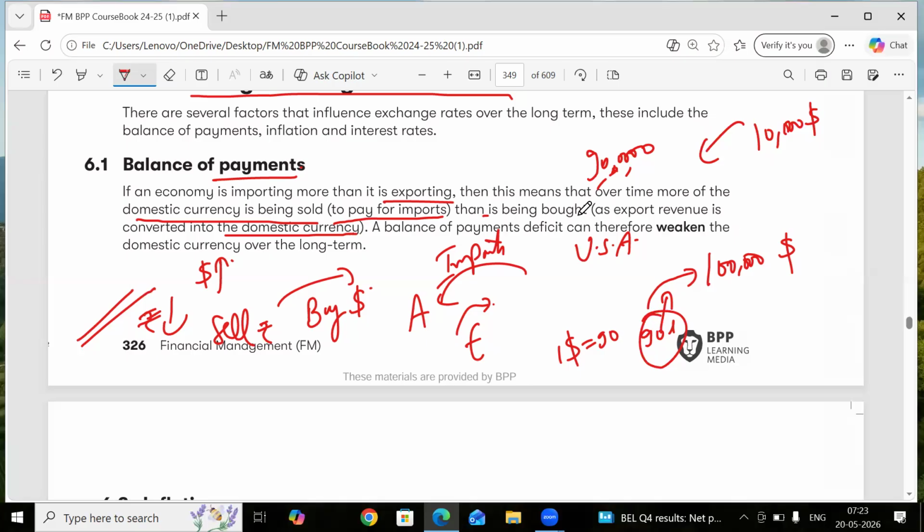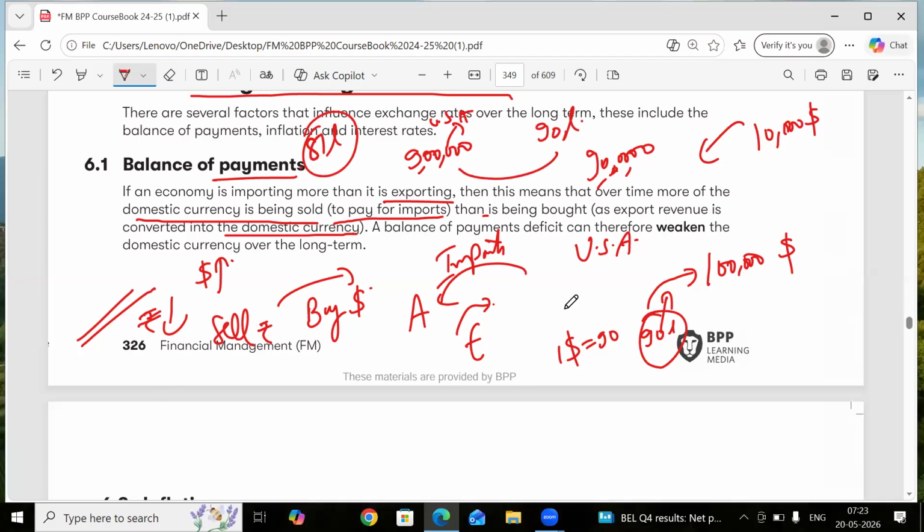So export revenue converted to domestic currency shows a balance of payment deficit. You sold goods worth 9 lakh to US, but you purchased goods worth 90 lakhs from US. So it shows a trade deficit of 81 lakhs.